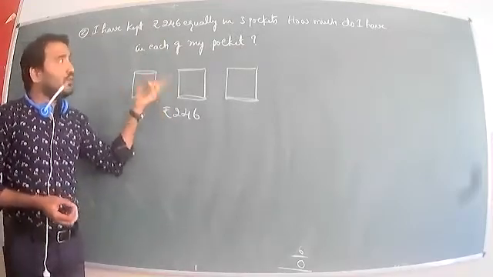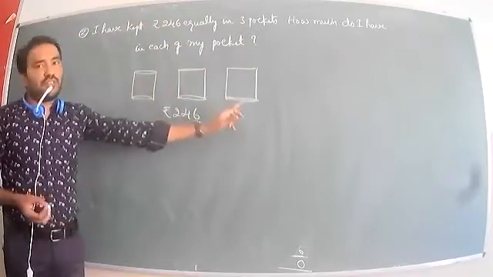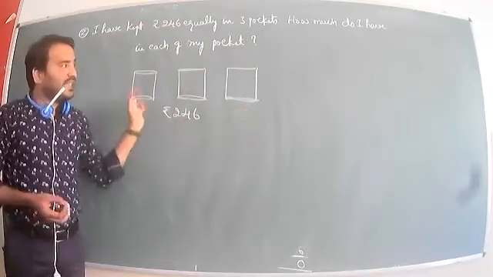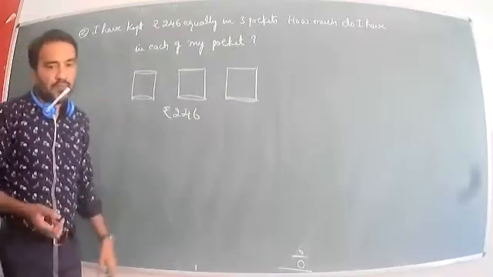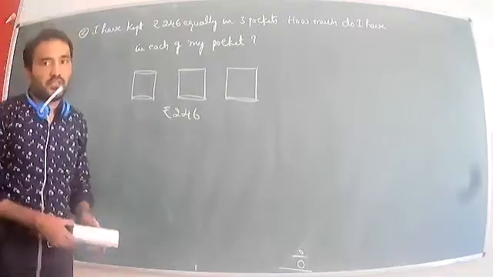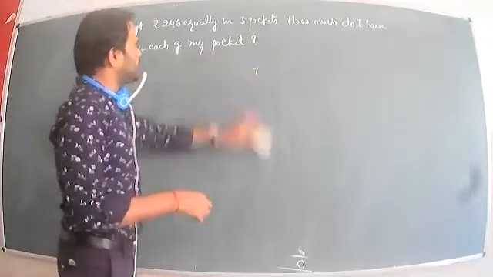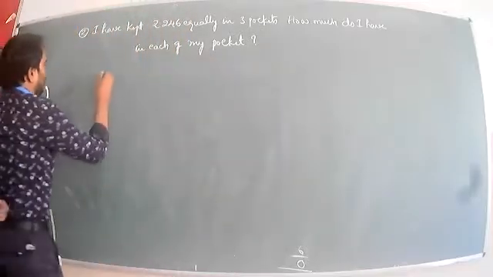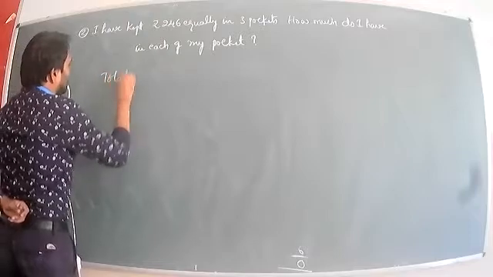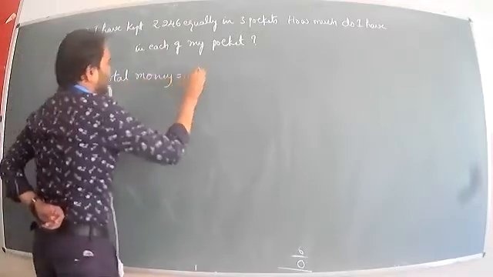So what is the total money? 246 rupees. And 3 pockets are there. So let me divide the number. So we get the answer. We can easily find out how much amount is in each packet. Total money, 246 rupees.